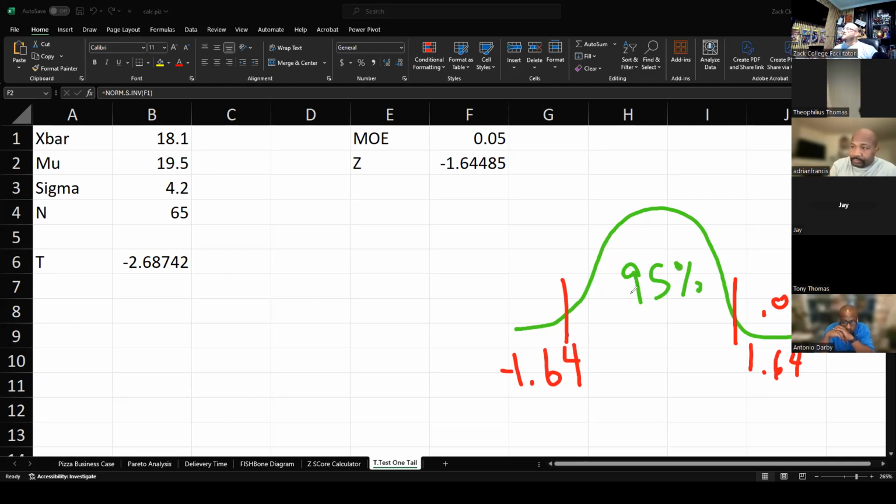Now, when we look at our variable, are we within that 95%, or where are we with our critical value if this is going to be 0? We would be essentially outside of it.